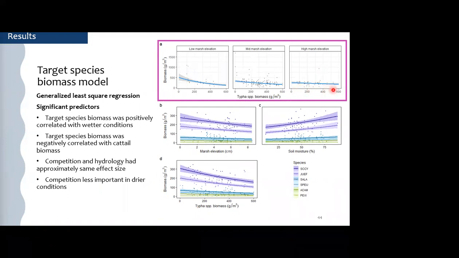So what we would expect is that as cattail biomass decreases, we would expect to see target biomass increasing because there's less competition, but it's very flat at the higher elevations. And then as it goes down into the lower elevations, we do see the effect of increasing target species biomass as cattail biomass decreases.